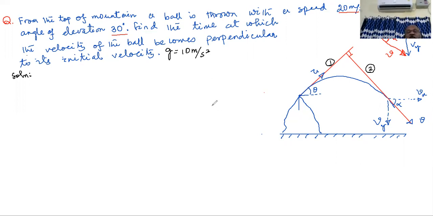If it is thrown downwards, then we say it is the angle of depression, the angle that the velocity or projection direction makes with the horizontal. So in our case, theta, the angle of elevation, is given as 30 degrees.